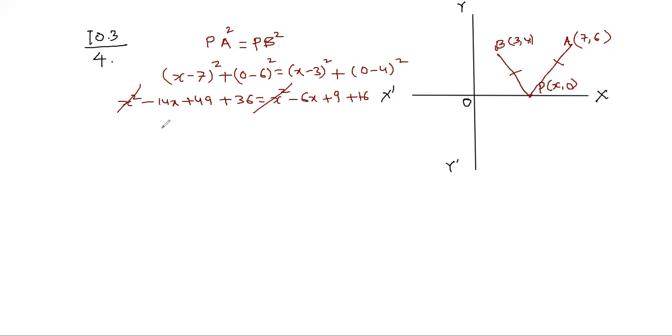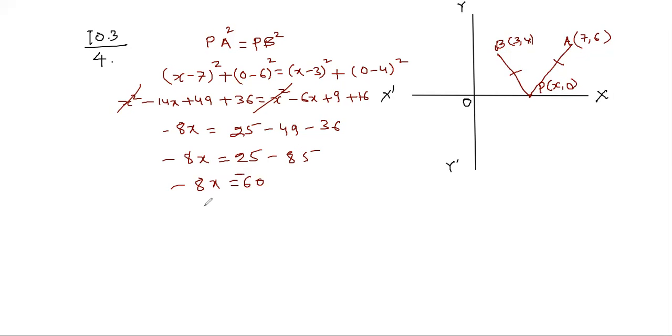X terms you take to the left side, so minus 14x plus 6x, so minus 8x. And 9 plus 16, 25, minus 49 minus 36. So minus 8x is equal to 25 minus 85, so minus 8x is equal to minus 60. Minus minus cancel, x is equal to 60 by 8.